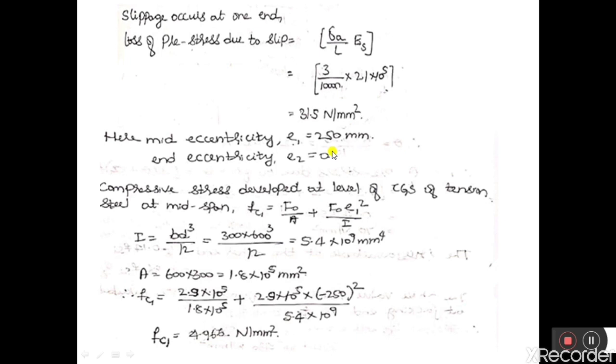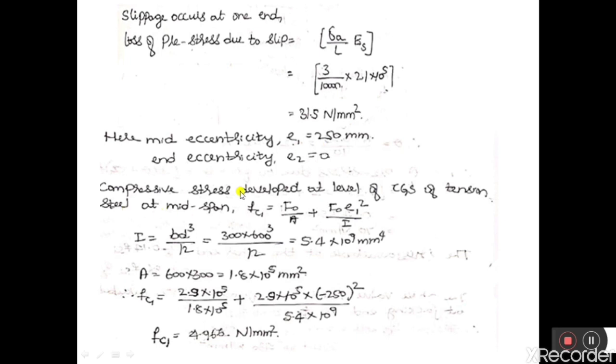So for both these conditions, different compressive stresses are developed in the concrete. So we should calculate the compressive stresses for both the cases: due to 250 mm eccentricity, and also due to eccentricity of 0 millimeter. So first let us consider the eccentricity at midspan, and let us calculate the compressive stresses.